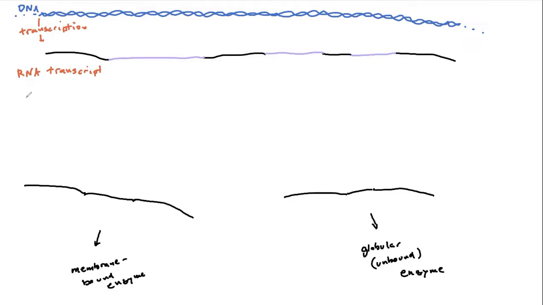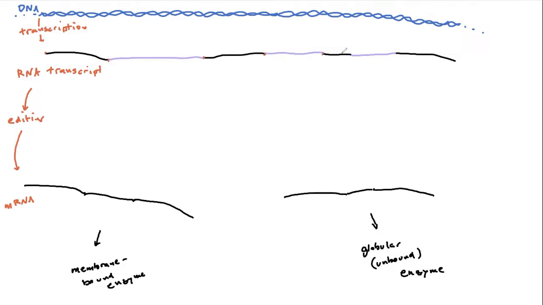But we also have to realize there's going to be editing that goes on between transcription and the final mRNA. Okay. I haven't added the GTP cap or the poly A tail. That's going to happen the same way. Okay. And what I want you to think about here is that in this RNA transcript, we've got 4 exons.